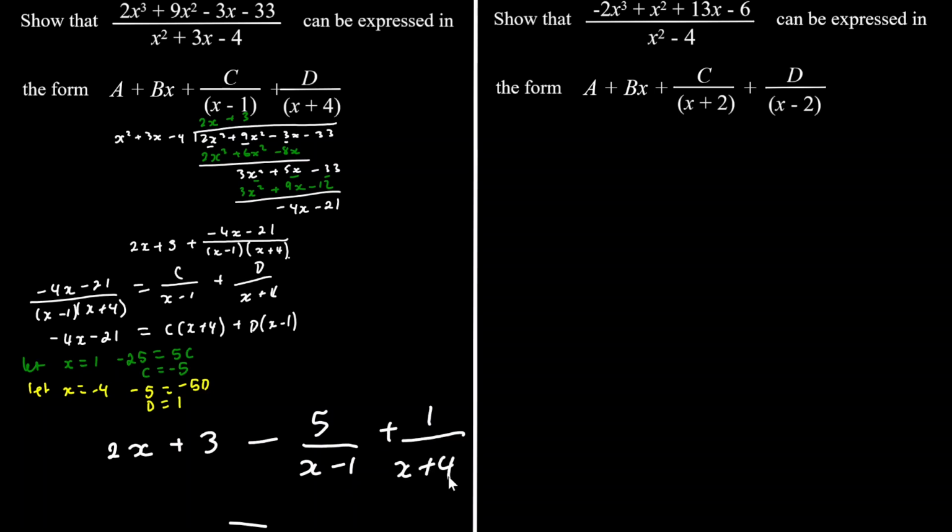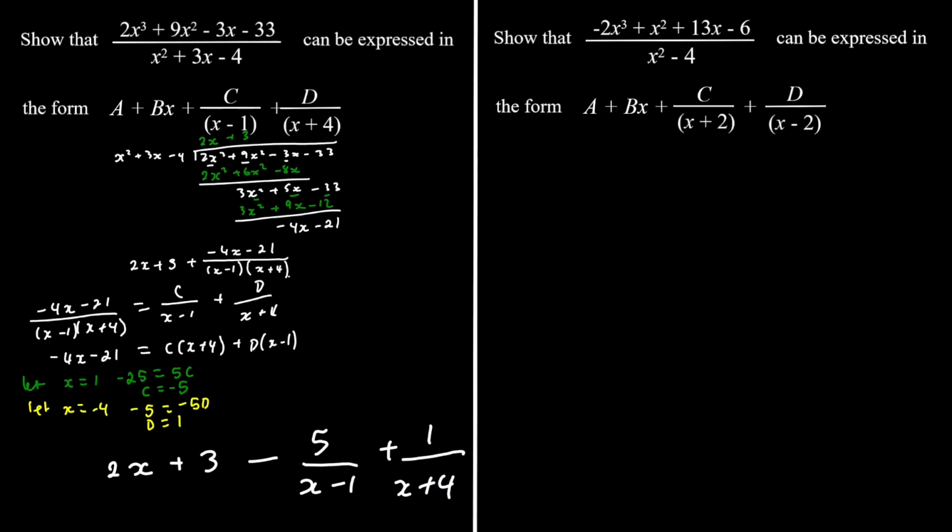One for you to try. Pause the video, give it a go. This time, I think I'm going to just multiply through by the denominator and see how we get on.